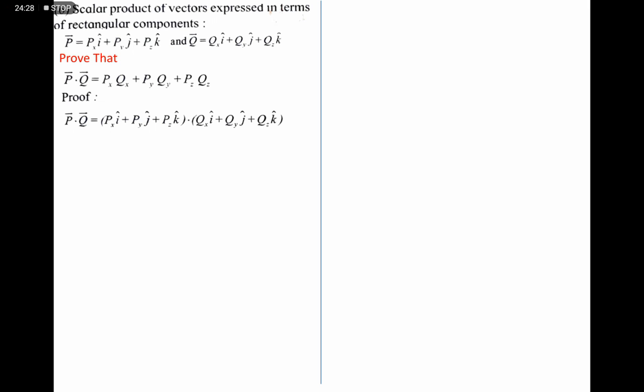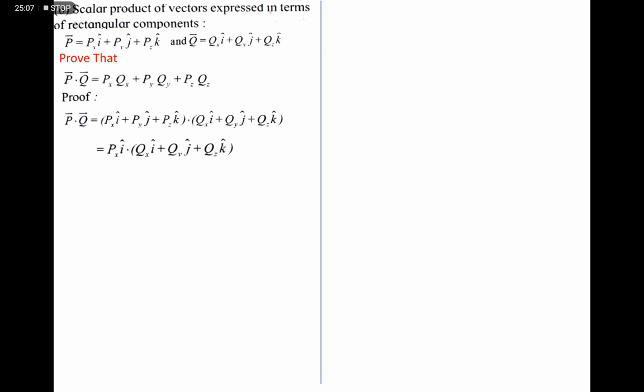So we'll write these two vectors: px i bar plus py j bar plus pz k bar, dot product with qx i bar plus qy j bar plus qz k bar. Now two brackets, and we know the multiplication of brackets. The first term in the first bracket multiplies to the second bracket, then the second term from the first bracket multiplies to the second bracket. It is shown over here.